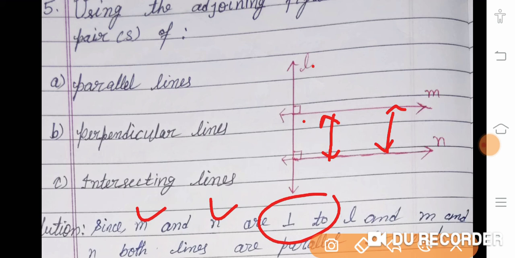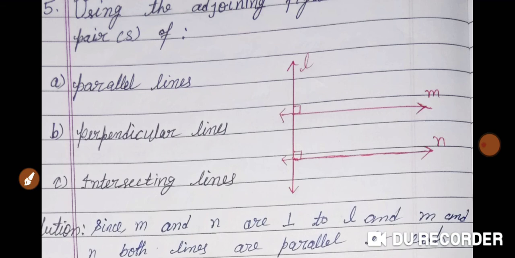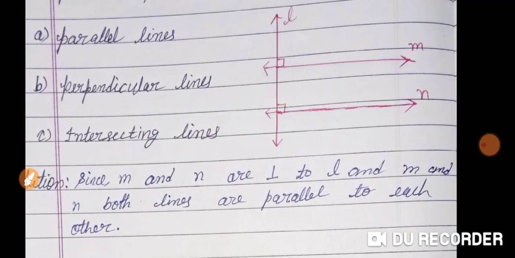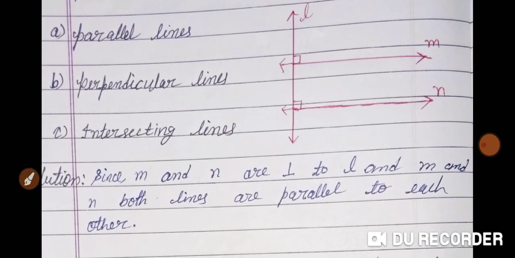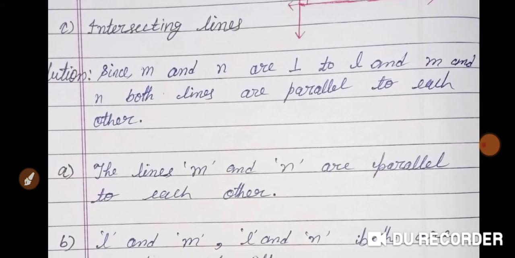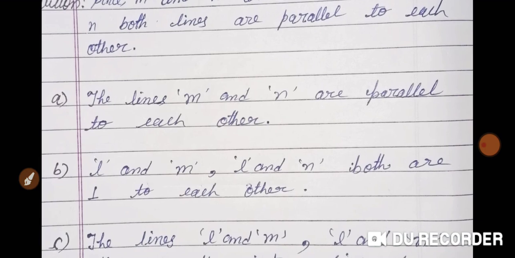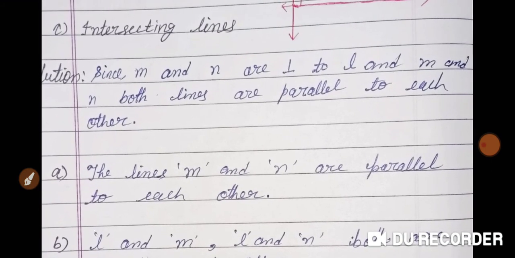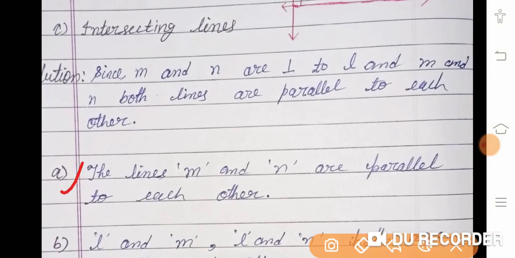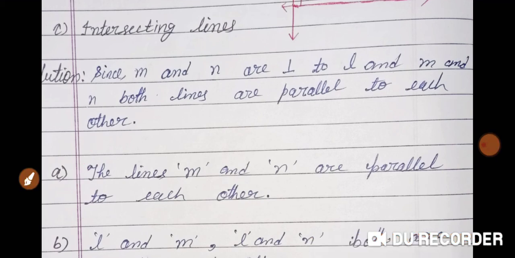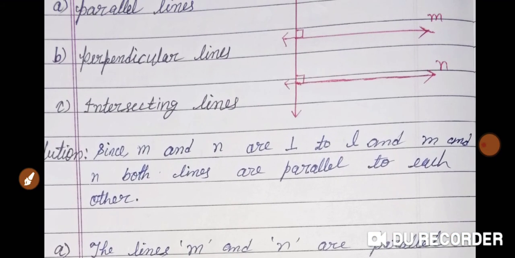Now if you want to discuss the first, that is A, parallel lines, then dear student, you can tell here lines M and N both are parallel to each other. Okay my dear. Now perpendicular lines.